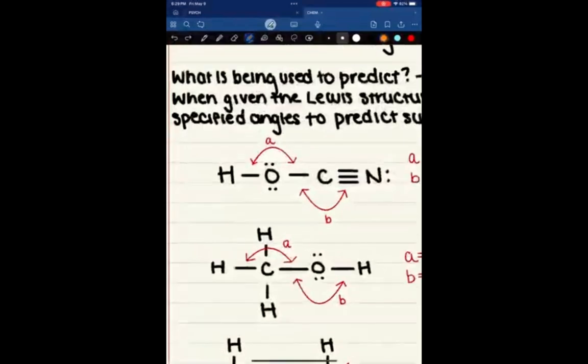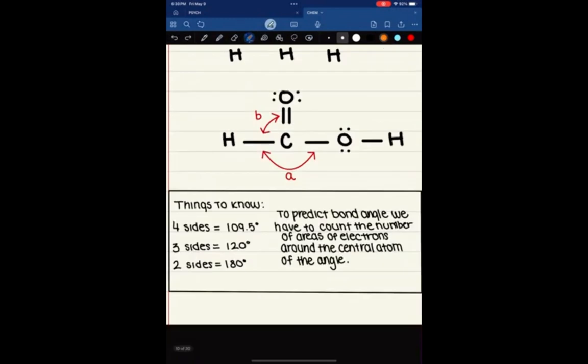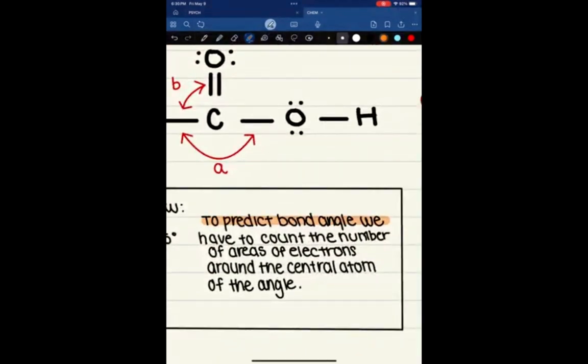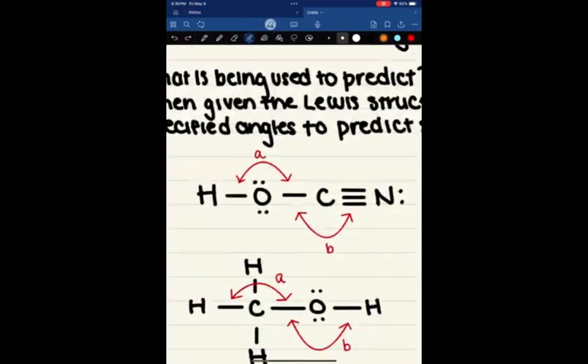So here you can see that we have a hydrogen, an oxygen, and a carbon atom. In order to predict angle A, we have to count the number of areas or sides of electrons around the central atom of the angle. As you can see here, for angle A, oxygen is our central atom, so let's count the sides.